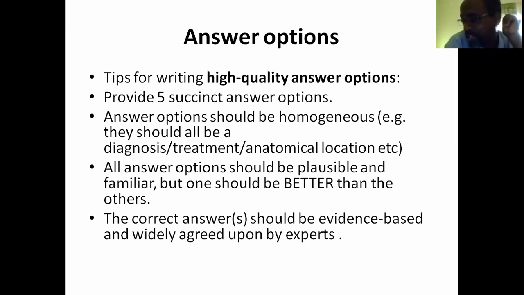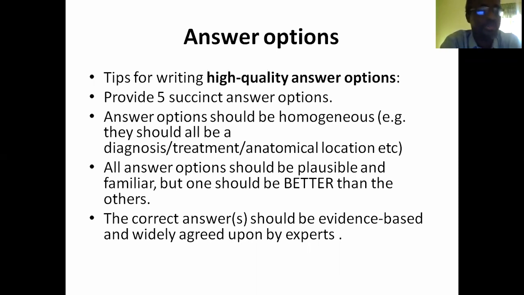They have to be in one category. If the question is about diagnosis, all 5 must be diagnostic tools. If about treatment, all 5 successive options should be treatments, and so on. All answer options should be plausible, meaning acceptable and familiar, but one should be better than the others.